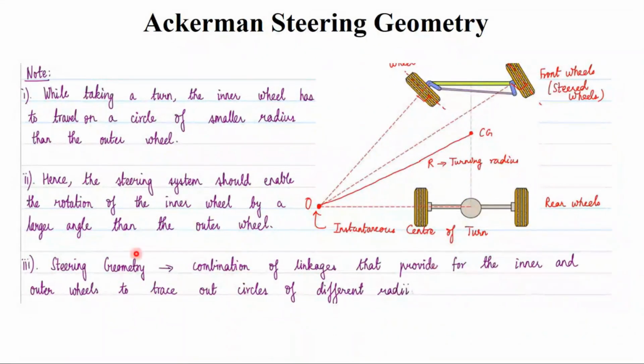Now we are going to have some linkages to form a geometry of the steering. The steering geometry we are going to define for this mechanism, the Ackermann steering mechanism, using the steering geometry.